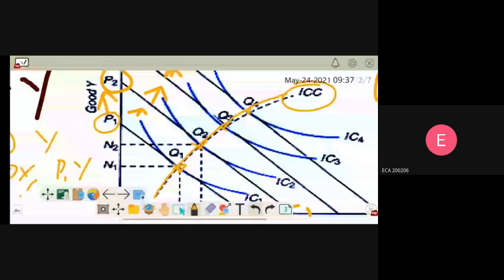So this is known as the income consumption curve, or this is known as the expansion path. Expansion path. Now, I hope that you are familiar with the concept of expansion path or income consumption curve.